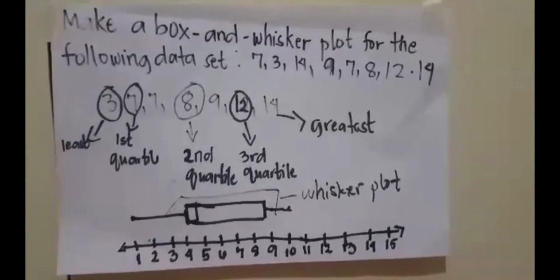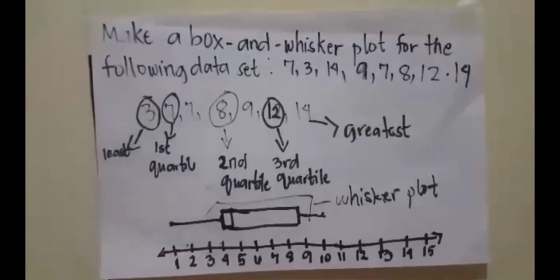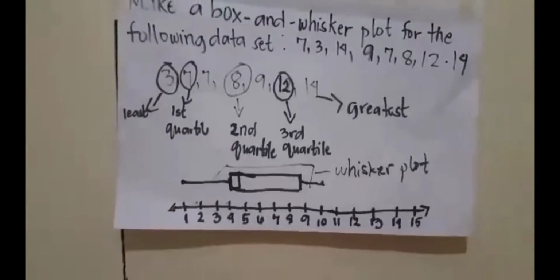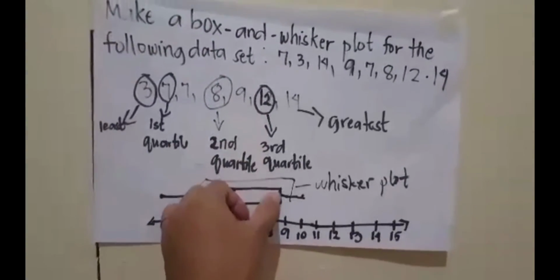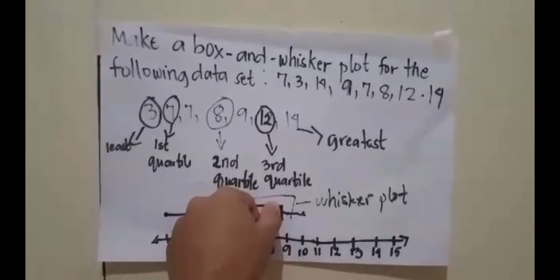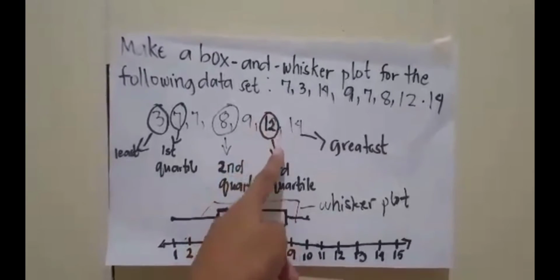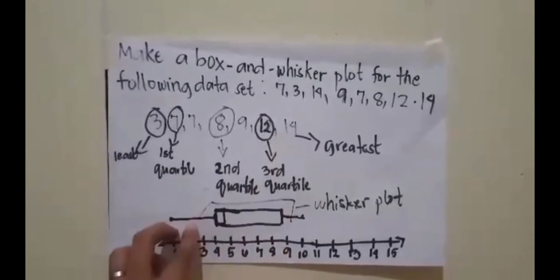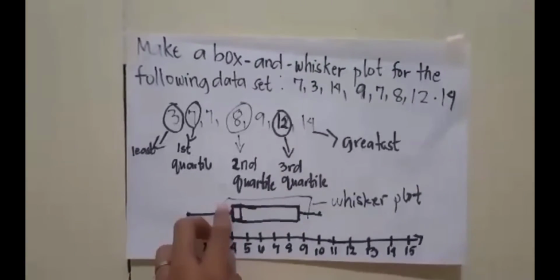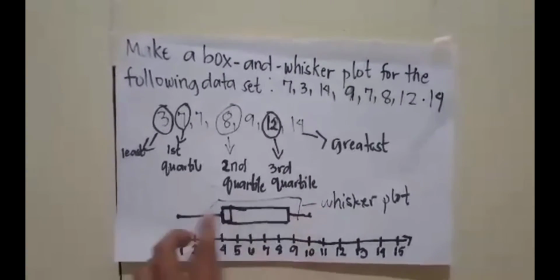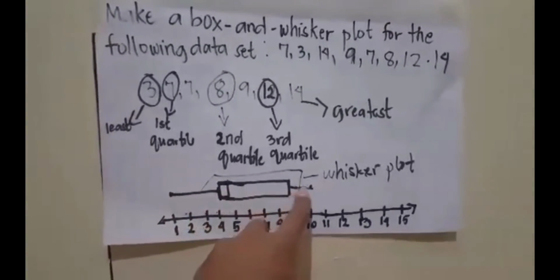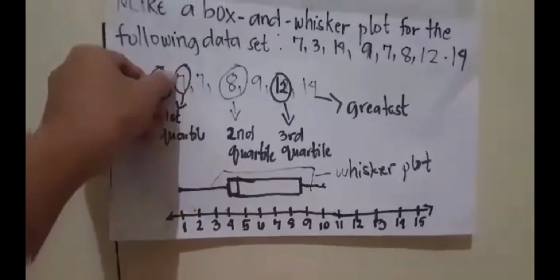Then, this here is 12, so kailangan mo maguhit dyan, nasa sentro sa 12, this one. Then you connect that, you make a box. Paano ko to ginawa ang box? Ganito yan siya.